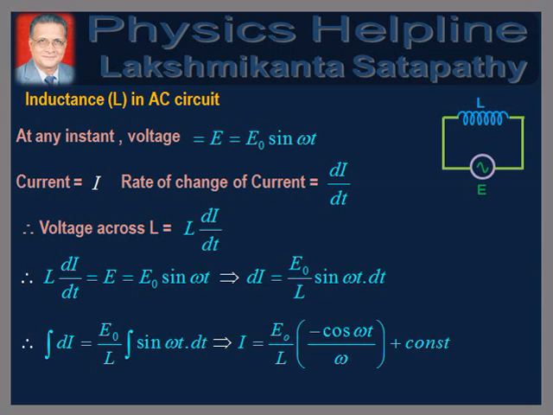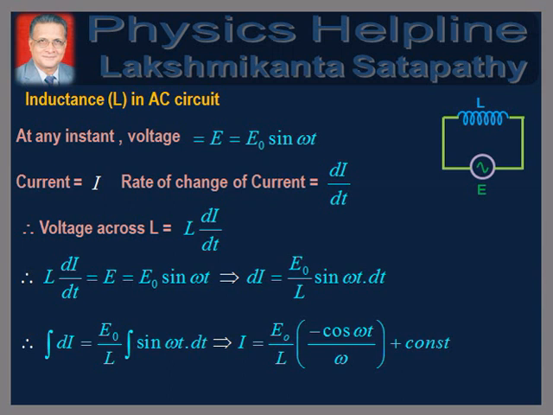Since there is no other circuit element, voltage across the inductor is equal to voltage of the source. Therefore, we write L di by dt is equal to E0 sin omega t, which implies di is equal to E0 by L sin omega t into dt.